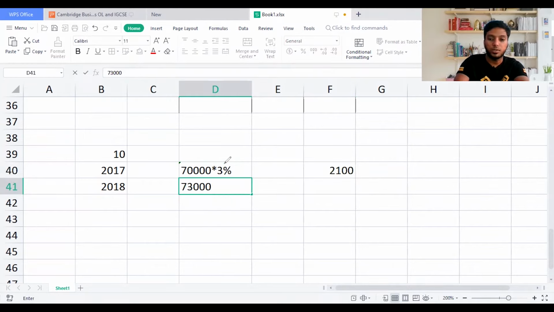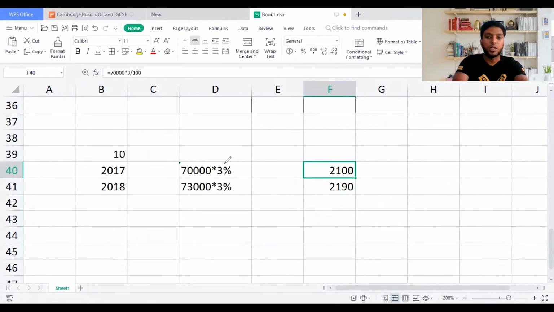I got 73,000 and I should take provision for doubtful debt 3%. So 73,000 into 3% will give me a value of 2,190. Now actually I should have charged 2,100, but my business has charged 2,190, which means I have expected 2,100 as provision for doubtful debts, but I have incurred 2,190. You would have learned in control accounts, when you are calculating this type of provisions, that there are two types of provisions: under provision and over provision.